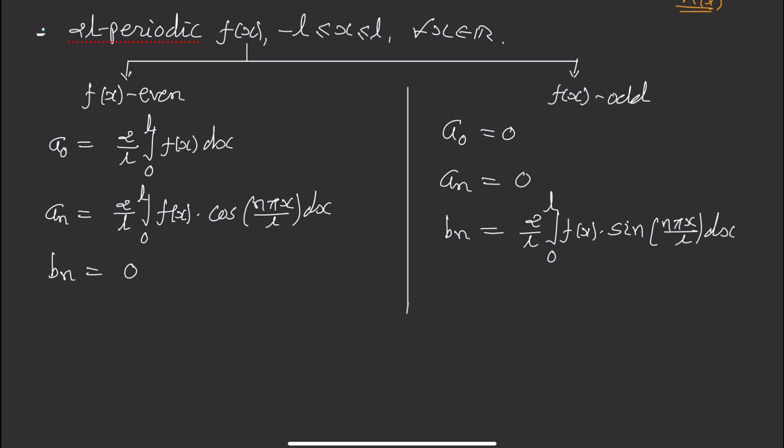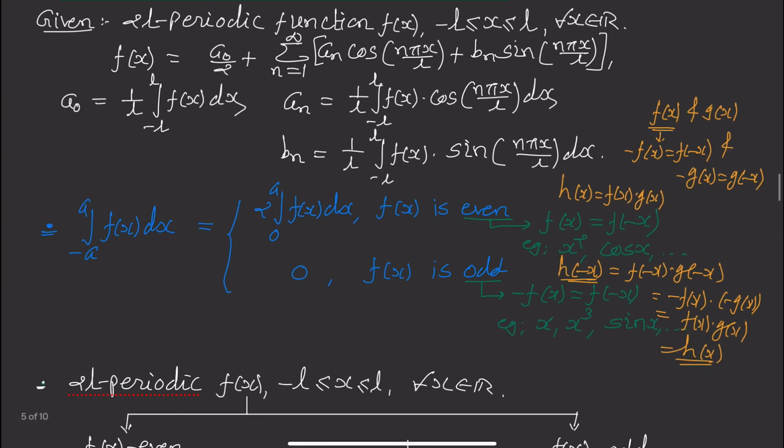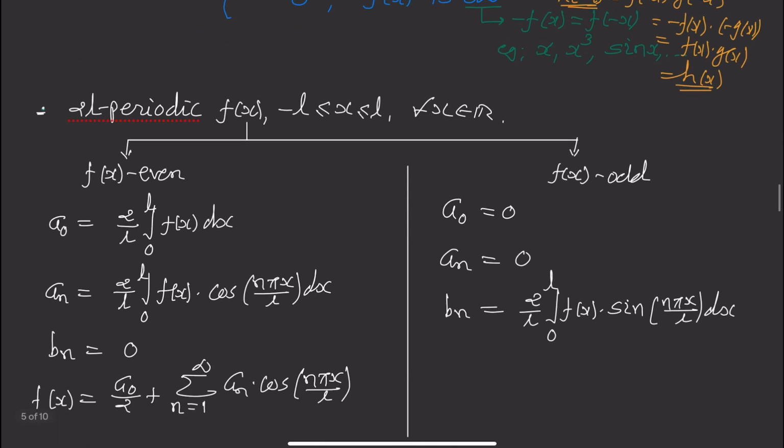Then what is the Fourier series in both the cases? In this case, f of x is equal to a0 by 2 plus summation n is from 1 to infinity an into cos n pi x upon L plus bn into sin n pi x upon L, but since bn is 0, this term becomes 0, right? Because in this case bn is equal to 0.